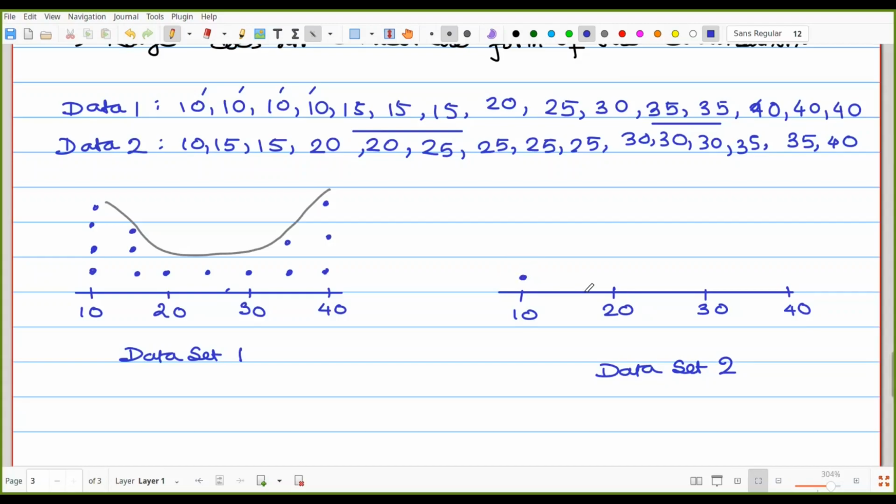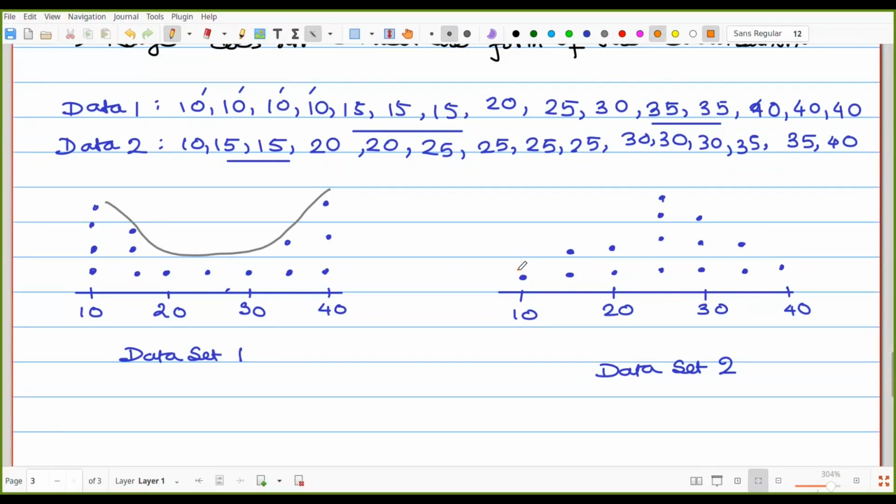One. Then two 15s, two 20s, four 25s, three 30s, two 35s, then one 40.